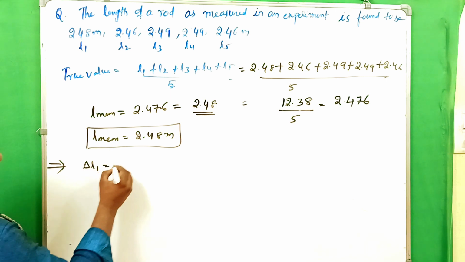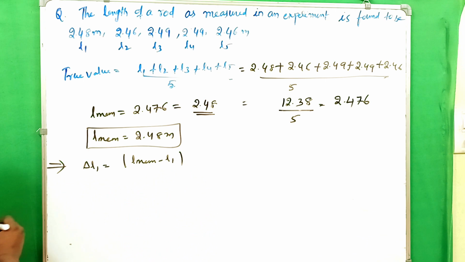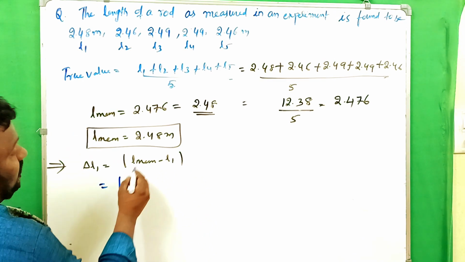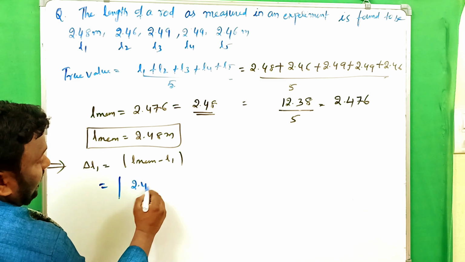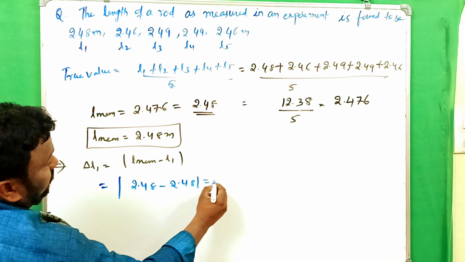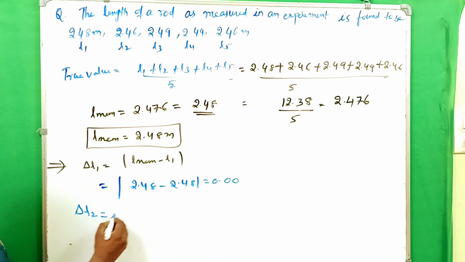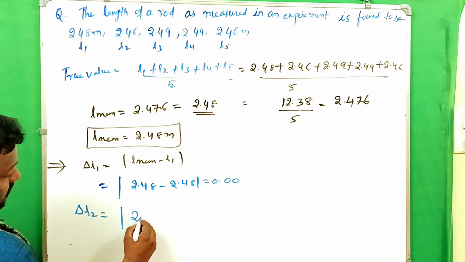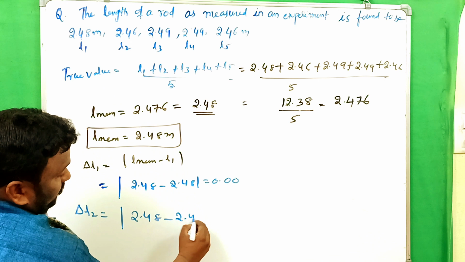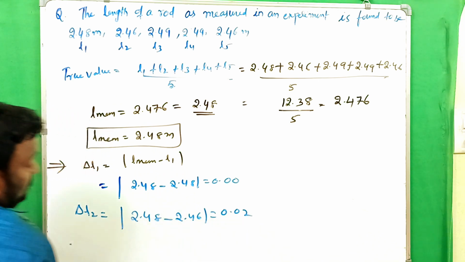Delta L1 is equal to what? L mean minus L1, in modulus. L mean is 2.48 and L1 is 2.48. So that is equal to 0.00. Similarly delta L2: L mean is 2.48 minus 2.46, that is 0.02.